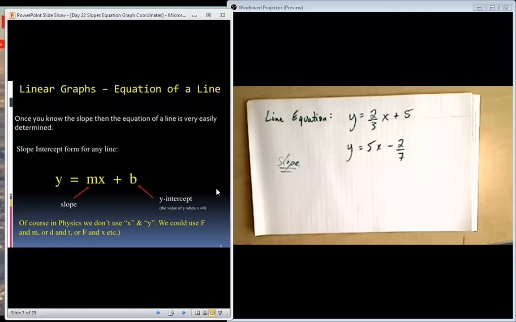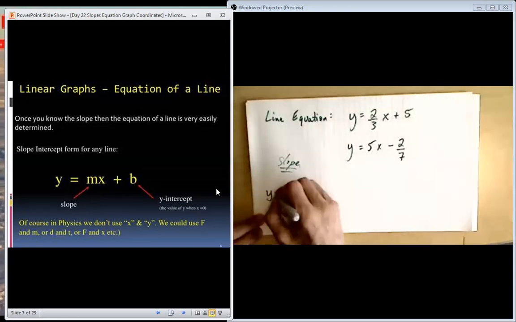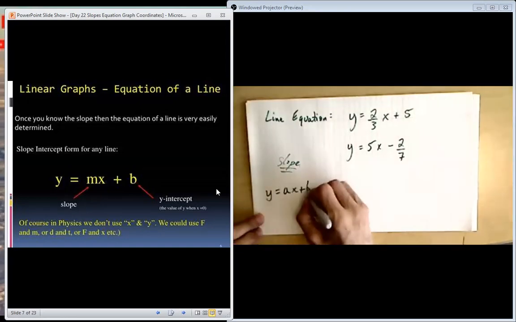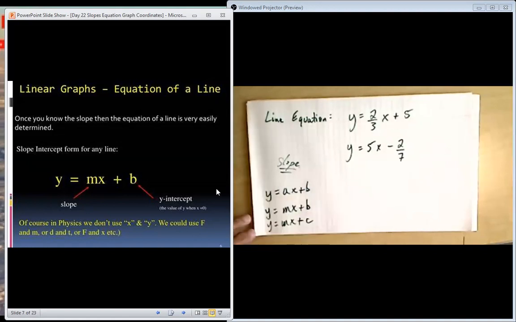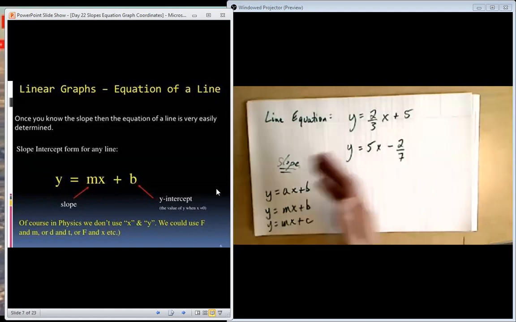Yeah, so I heard AX plus B here in class, right? I learned it as MX plus B, and some people even MX plus C. The thing is, where is the slope hidden in broad daylight here inside of this equation?